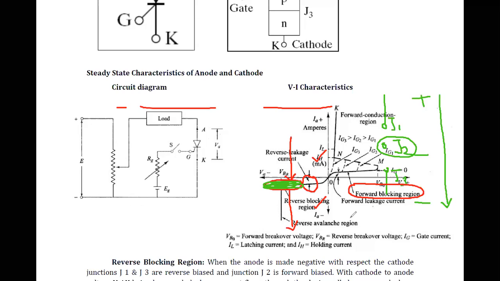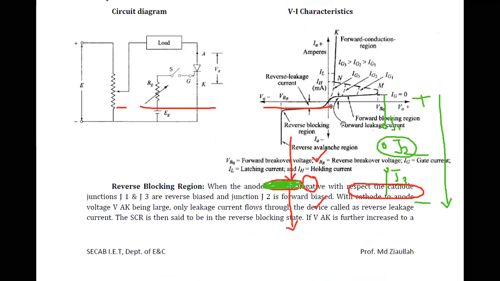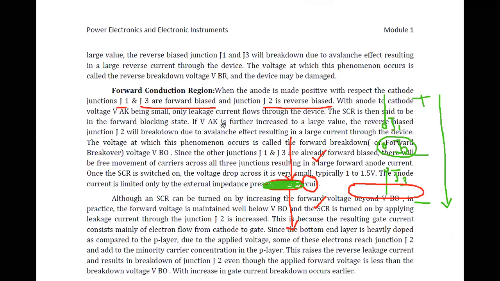Let us study that particular point here. If you want to break the junction J2, you should increase the voltage value. If VAK, the anode cathode voltage, is increased to a large value, the reverse junction J2 will break down due to avalanche effect, resulting in a large current through the device.